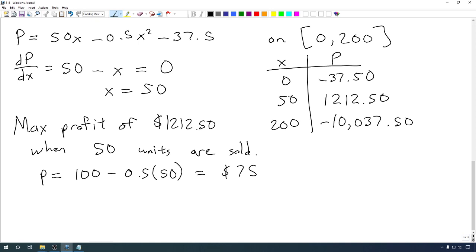For part B, they're asking when the profit is maximized, what is the average cost per unit? Now, this is a slightly different thing. The book actually defines the average cost, or the average cost function. So we had C before for cost.